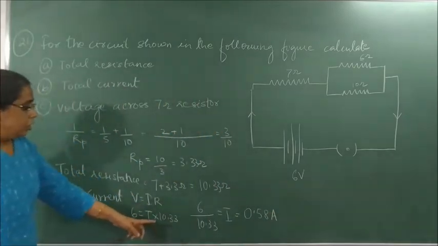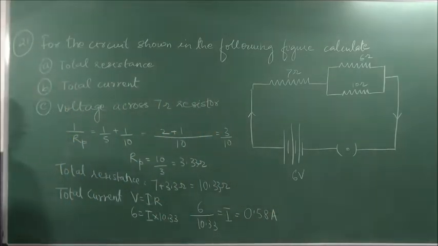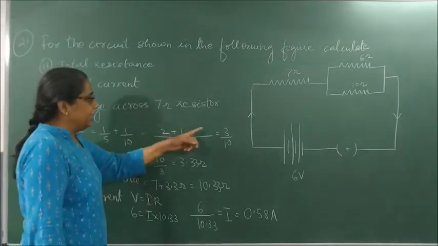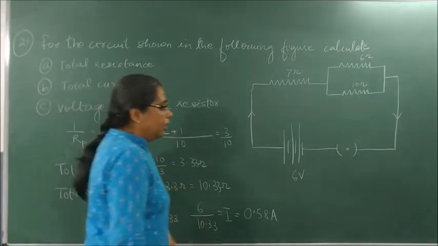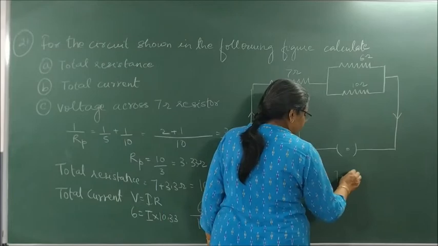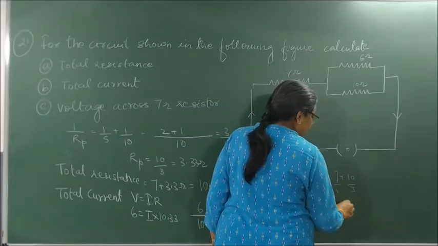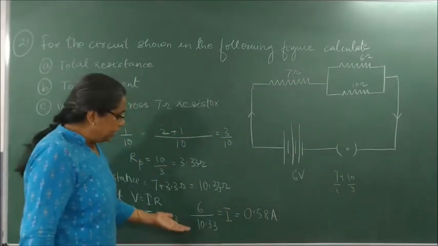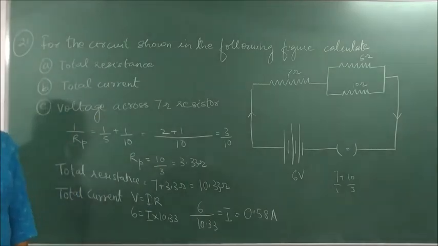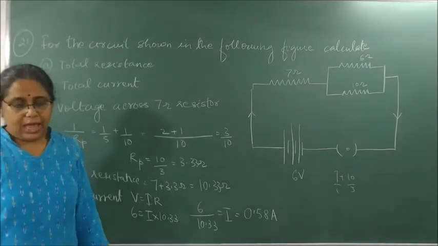If you can't solve this 10.33, you can also take 10 by 3, so I can take 7 plus 10 by 3 and take the LCM and do. Still I will get the same answer, 0.58 ampere.